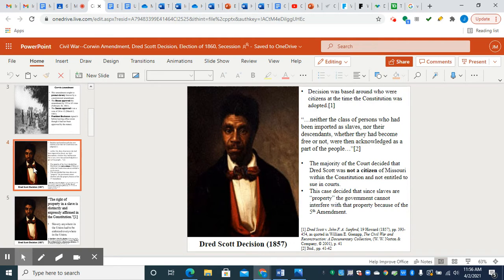Now, remember, in the United States during this time that we are surveying, there are slave states and there are free states.